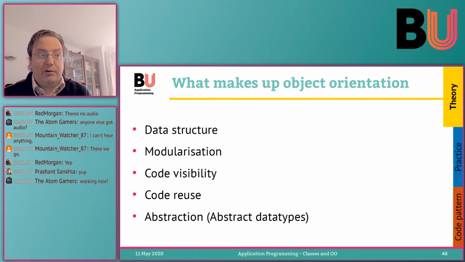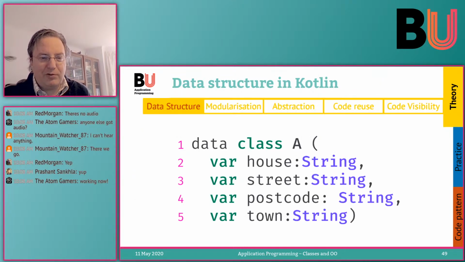They allow for code visibility, code reuse, and abstraction. So let's go a little bit through those. So data structure is just the ability to create a type that holds more than one component value, component data storage location. This particular example uses a Kotlin data class.